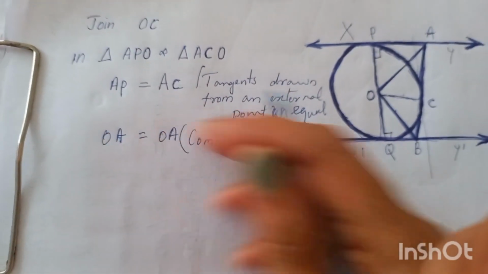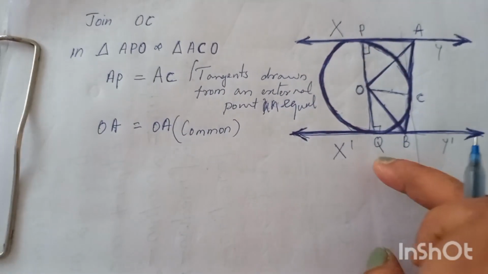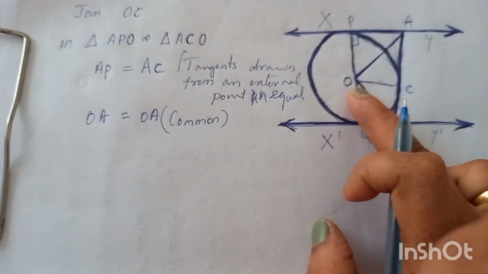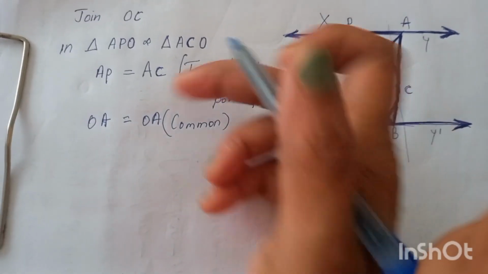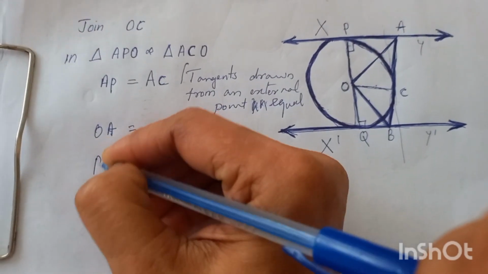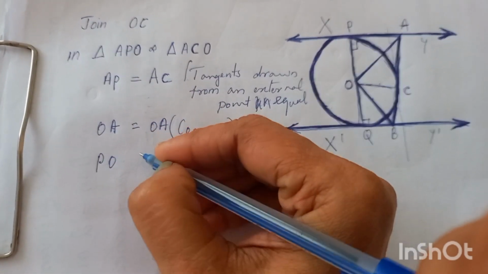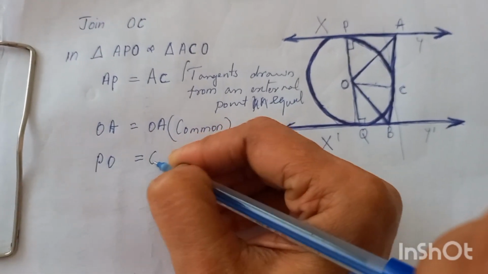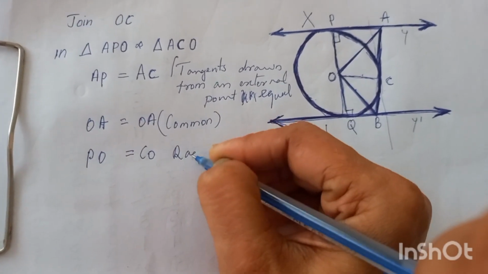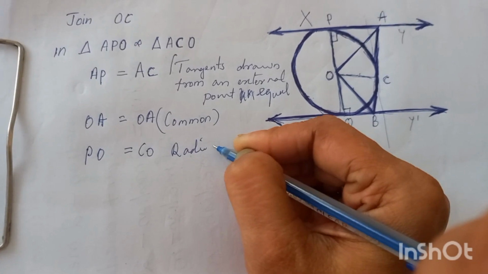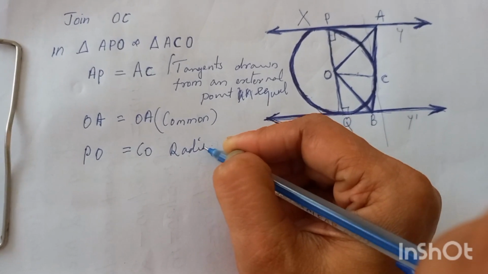Then PO is equal to OC. PO is equal to CO, radii of the circle.